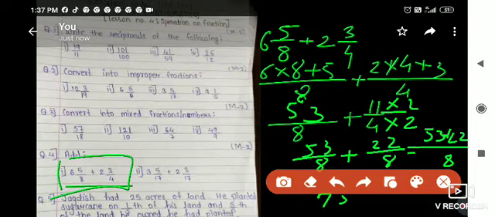So 75 upon how much? That is 8. Okay, these numbers are not divisible, that's why you have to keep it as it is. If it is divisible, you have to find its reduced form. Okay. Understood all of you? Note down this question. We have finished question number 4, first part. Now we will see the next, second one.